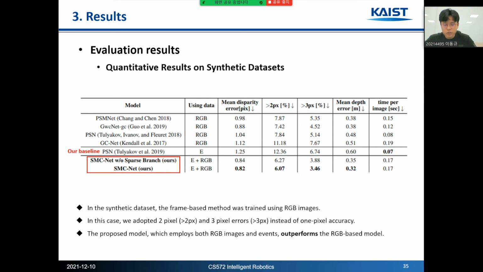Also, evaluation was performed on a virtual dataset. The virtual dataset used RGB images rather than intensity images, so we also trained several models. Although RGB-based results outperform event-based models, the proposed model outperforms the RGB-based models.